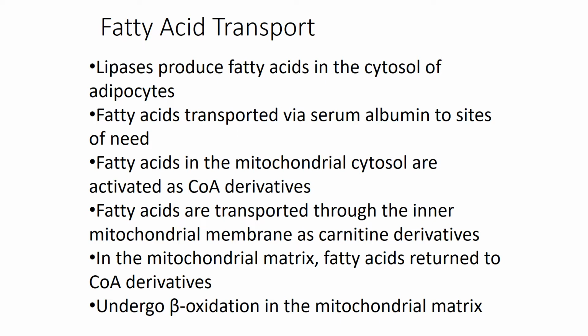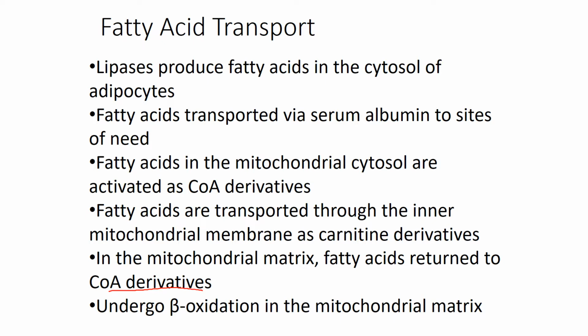After these fatty acids are transferred into the matrix, they are returned to the CoA derivatives. At this point, they are unable to undergo beta oxidation. So you know that we have different numbers of carbons in our fatty acid chains. We have some that are short.